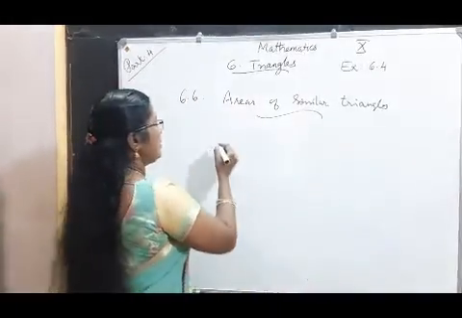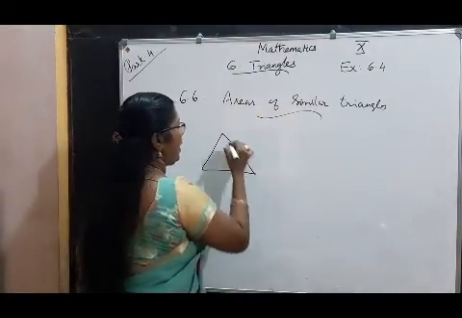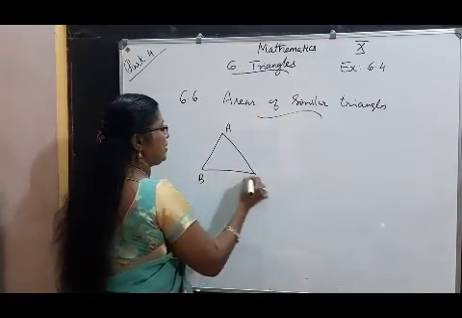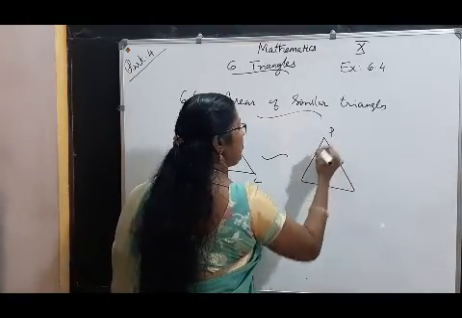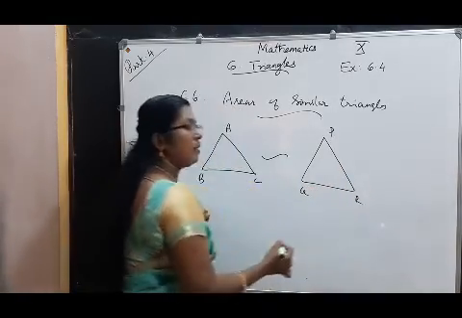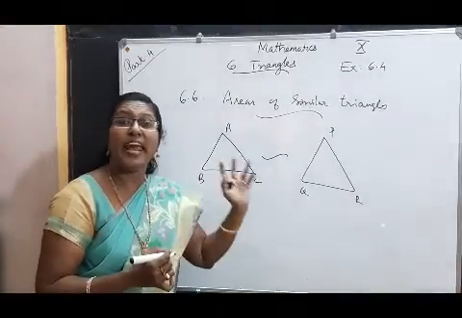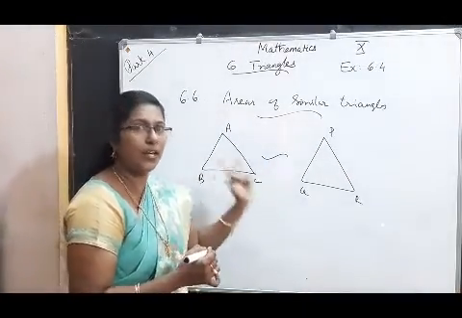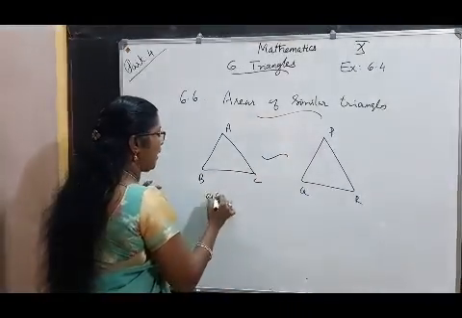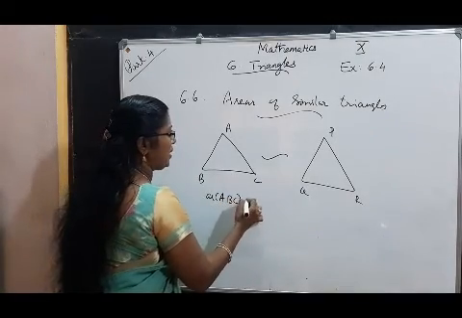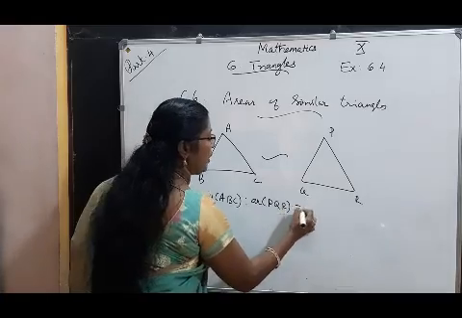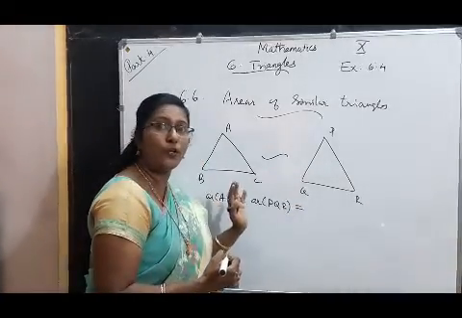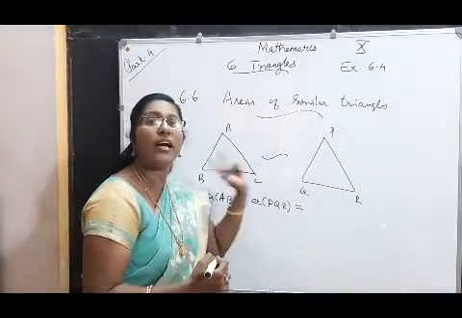That means triangle ABC is similar to triangle PQR. The ratio of the areas of these two is equal to, that means area of ABC is to area of PQR equal to the square of the ratio of the corresponding sides.